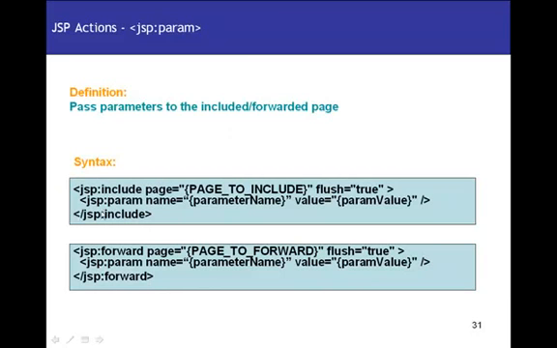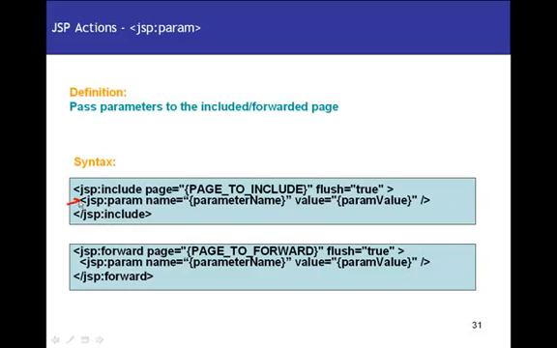So let's say that I want to include a page, but the contents of the page depend on certain values which come from the main page, right? So let's say that in my included JSP page, in my footer page, I want to display things like page 1 of 4 or page 2 of 4, something like that. So I pass that page number value using the JSP param.